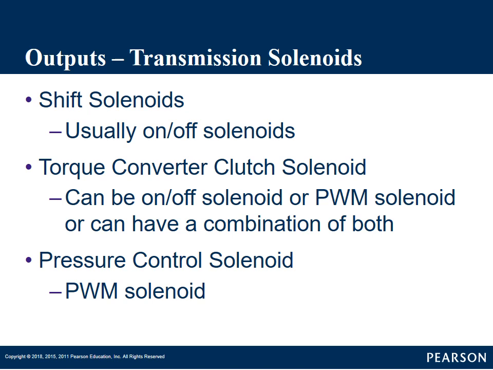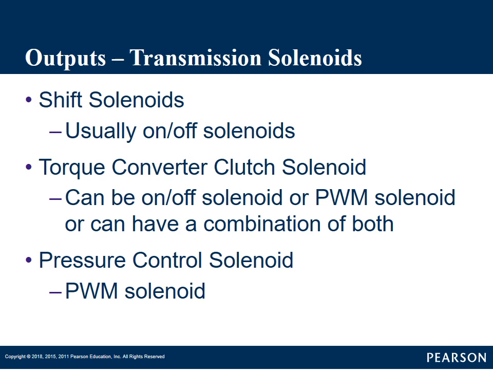A torque converter clutch solenoid, we talked a little bit about this. This can be an on-off solenoid or a pulse width modulated solenoid. Almost all our new ones are pulse width modulated, so we can control how that torque converter clutch engages. We don't want to engage it too stiff.